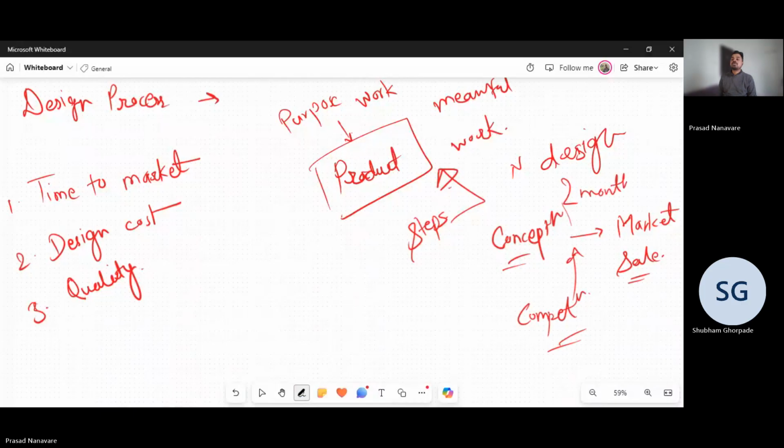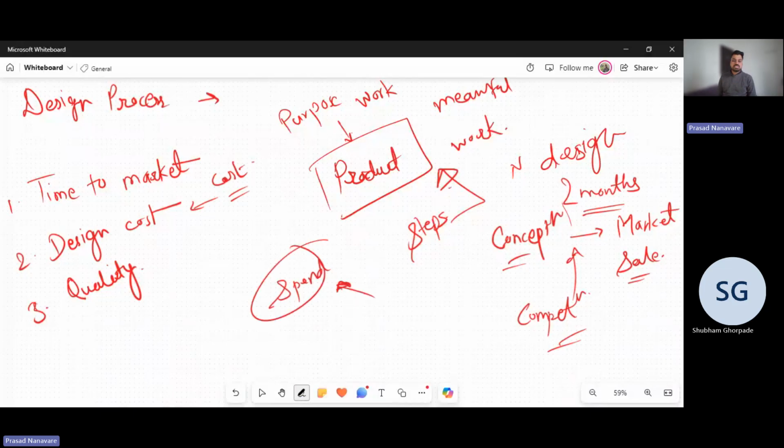And while doing this, we cannot forget the design cost. Design cost is something that you spend initially, and then the product cost is decided. The cost of the product depends on that. Why should this be considered?